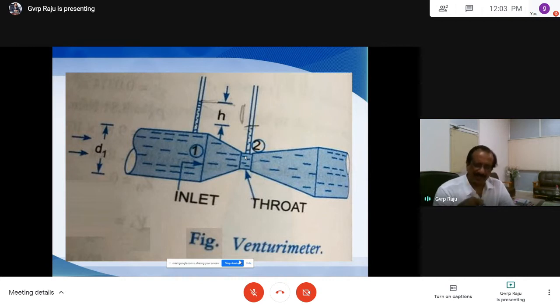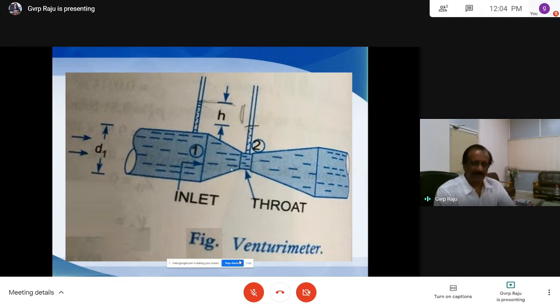It happens when the pressure at the point is less than vapor pressure. The ill effects are that the metallic surfaces will be damaged, and there will be corrosion. Whatever the surface we have here, that will be damaged if the pressure here is less than vapor pressure, and it is called cavitation. The ill effects of cavitation are that the metallic surface is damaged and the efficiency will be reduced.